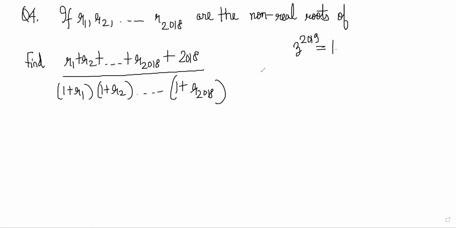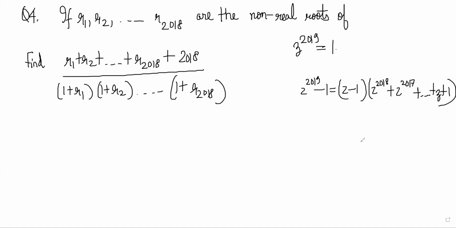We can say that z power 2019 minus 1 can be written as z minus 1 times z power 2018 plus z power 2017 plus up to z plus 1. This is the factorization. And we know that R1, R2, up to R2018 are the non-real roots, so they will be factors of this expression.